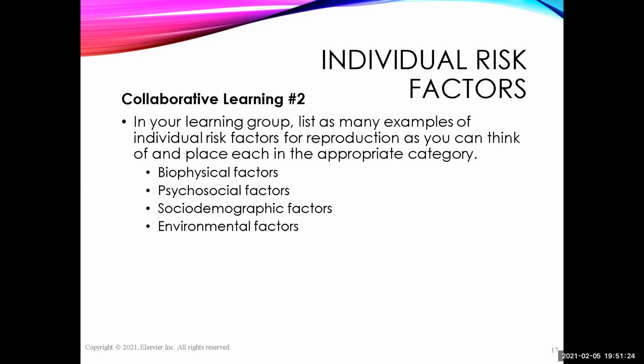That's not right. Can you list examples of the individual risk factors for reproduction as you think about each one of these categories? So let's look at biophysical factors. These are individual risk factors.